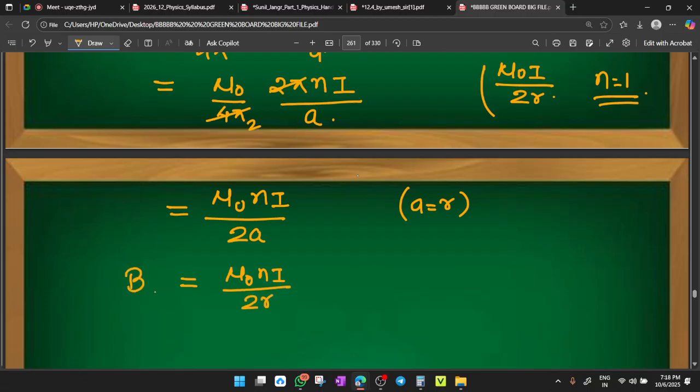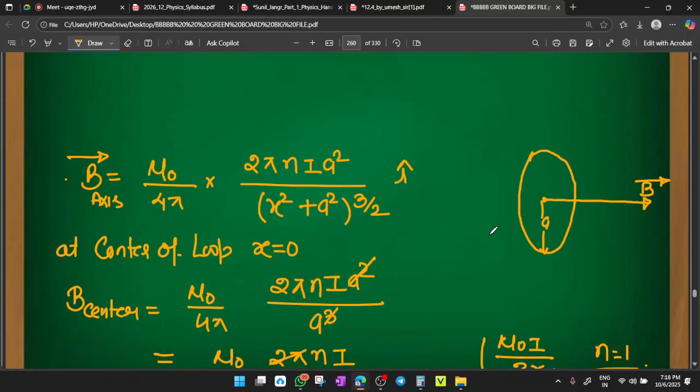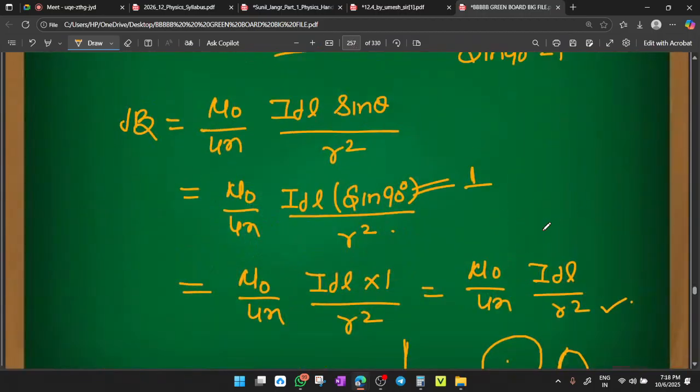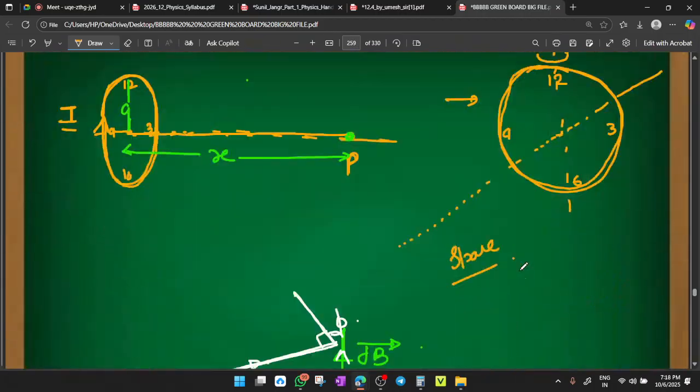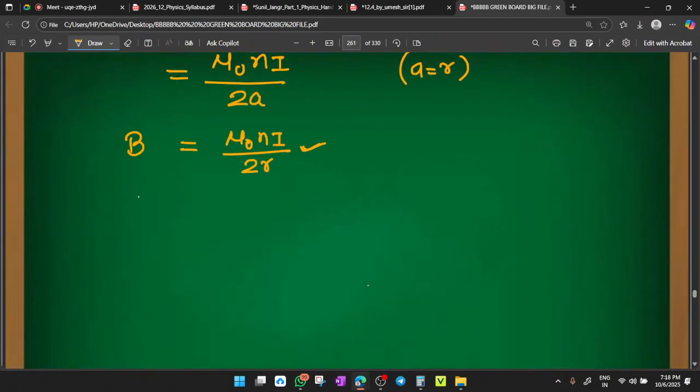Clear? So this is the same result that we proved for the center of the circular loop. If we take n equals 1, then for a single loop, B equals mu naught I upon 2r.